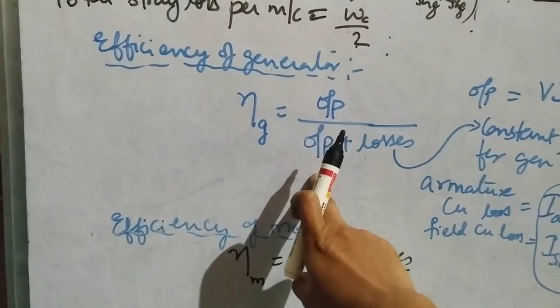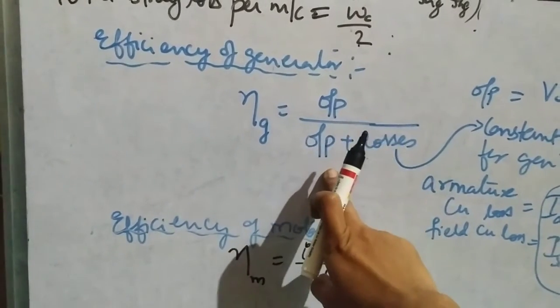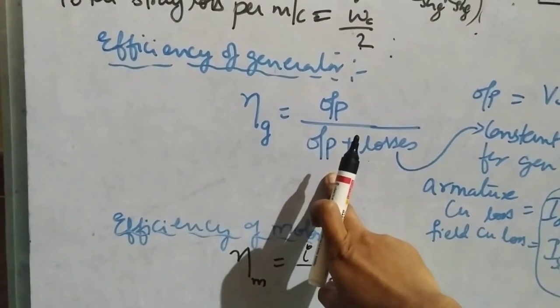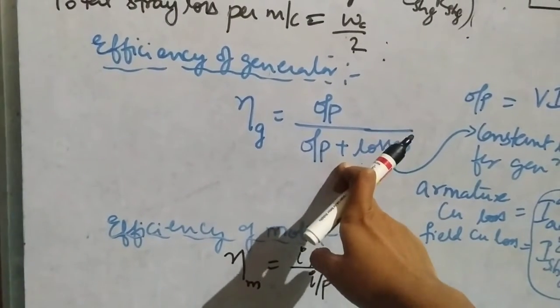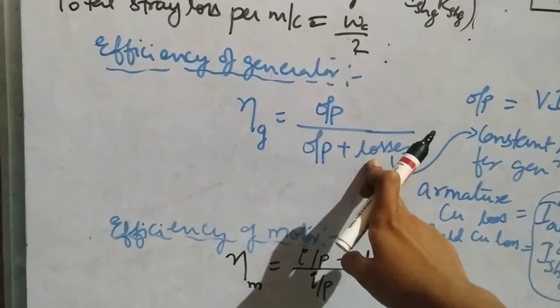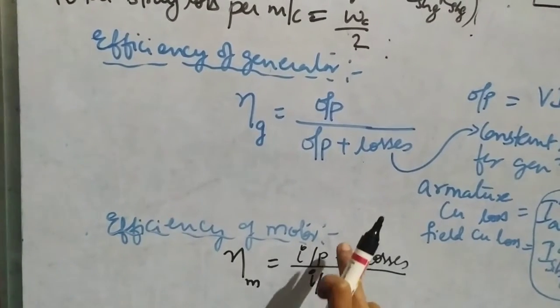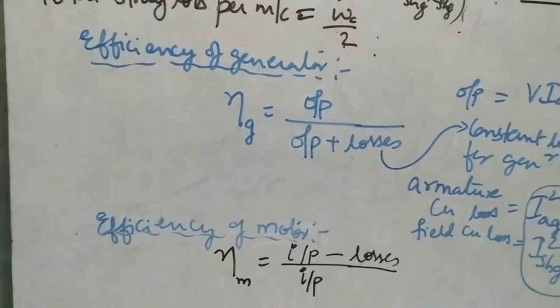In the case of the generator, the denominator you have to manipulate, expressed with respect to output: output plus losses in the generator. In the motor, the numerator will be input minus losses.